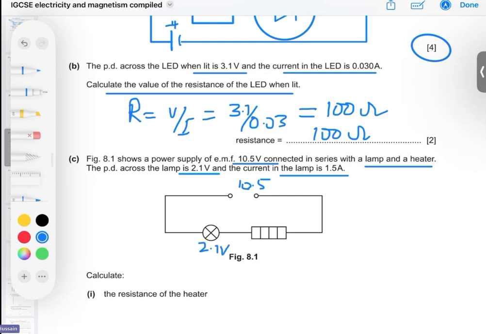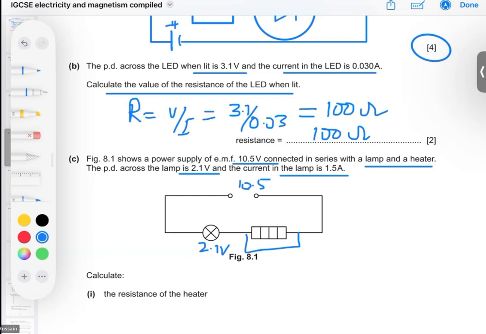So what is the voltage across this heater? 10.5 minus 2.1, so 8.4.